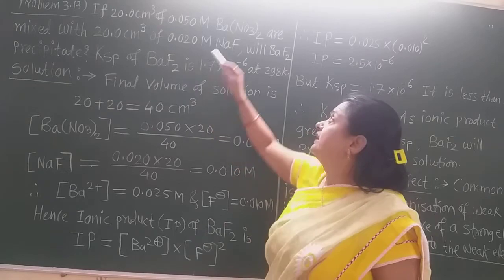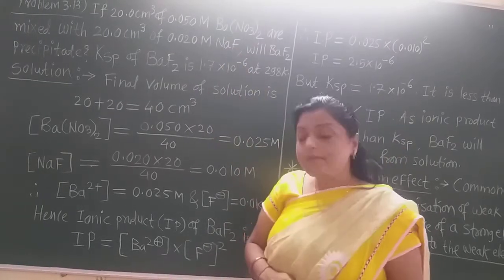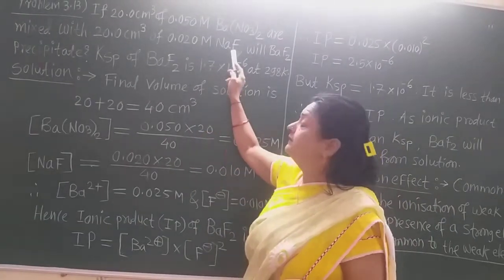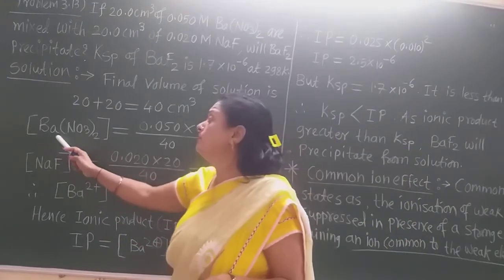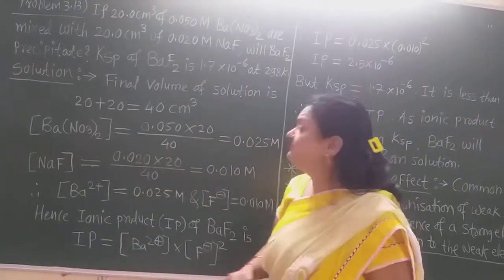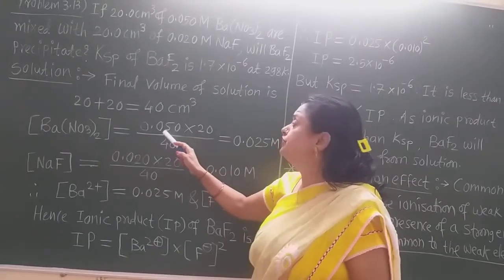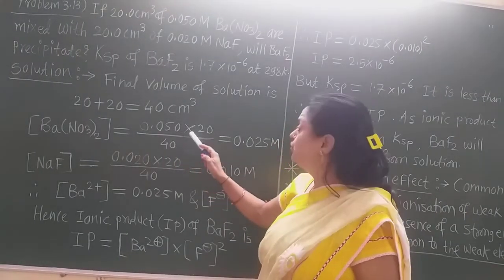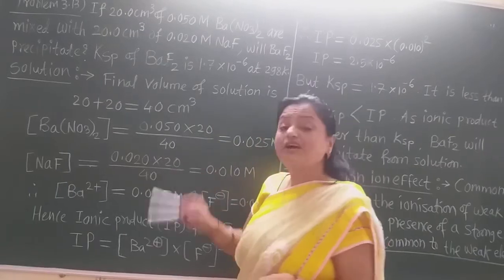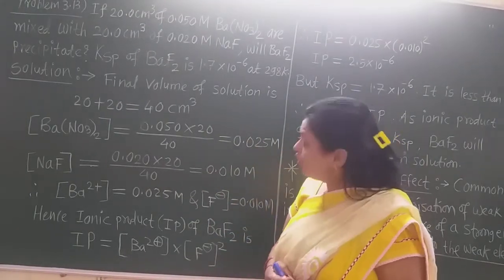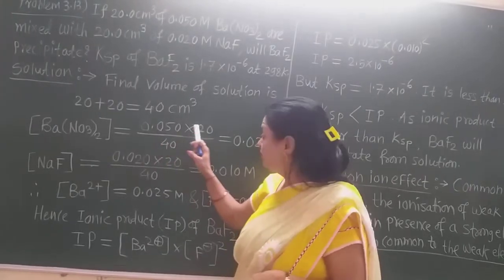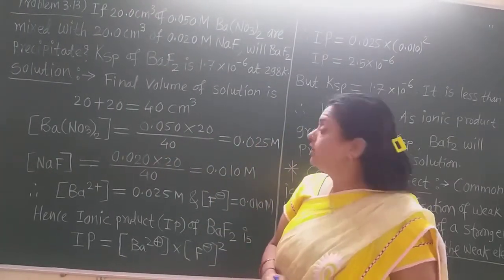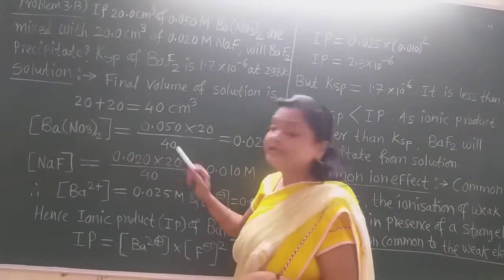Now we know that in barium nitrate there are barium ions and in NaF there are fluoride ions. So the concentration of Ba(NO3)2 is given, that is equal to 0.050 into 20 divided by 40. Why do we do it this way? Because the concentration 0.050 is in 20 centimeter cube, but we want it in 40 centimeter cube.